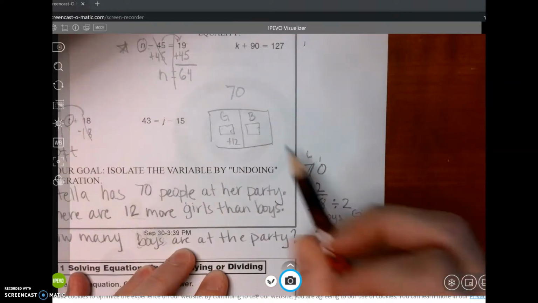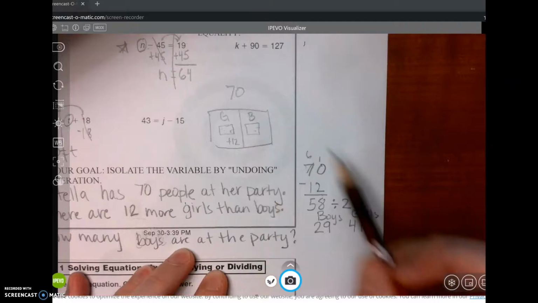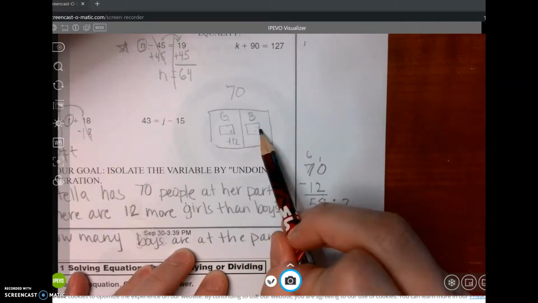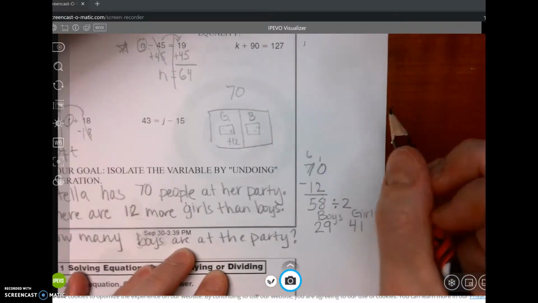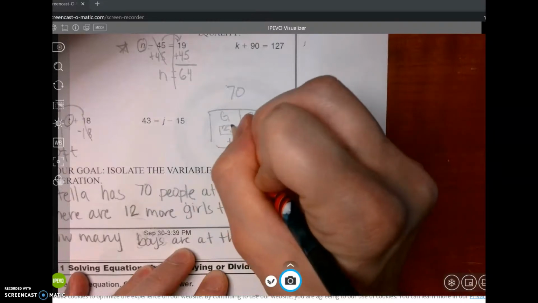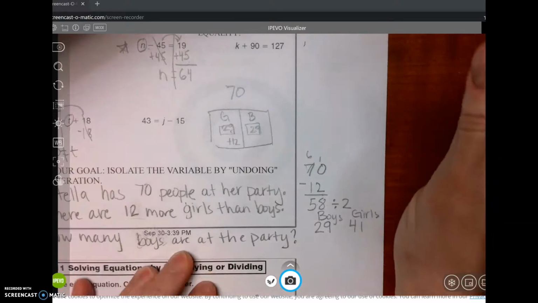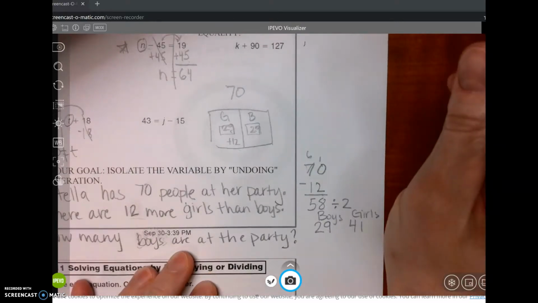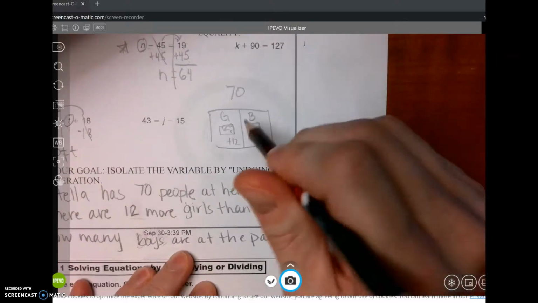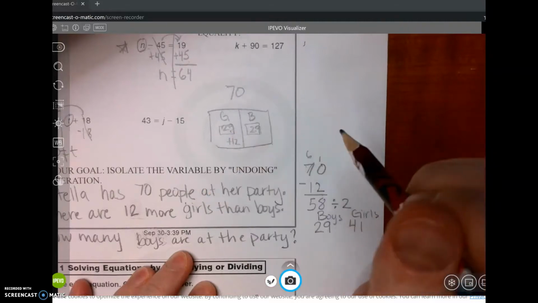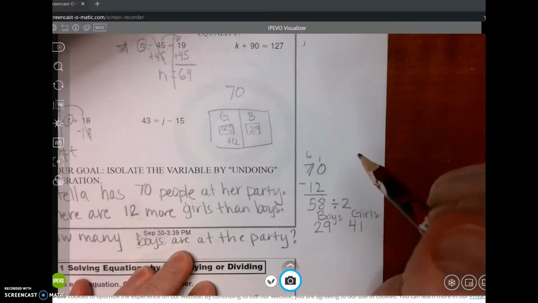We got 58, so these together are 58, and then we divide it by 2 for boys and girls, the two groups, and we got 29 here and here. So boys are 29, and girls are 29 plus 12, which is 41.